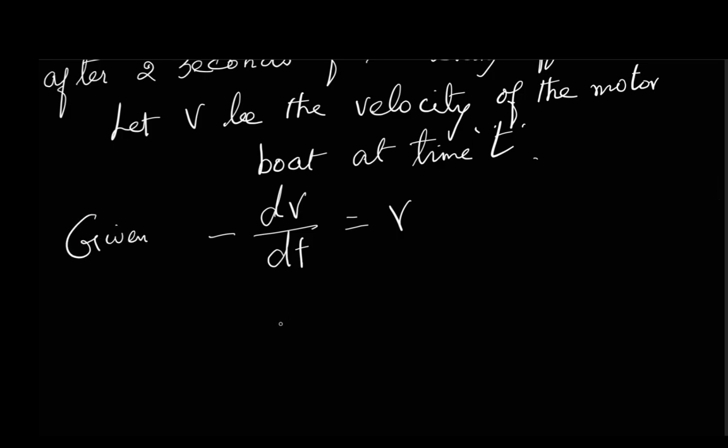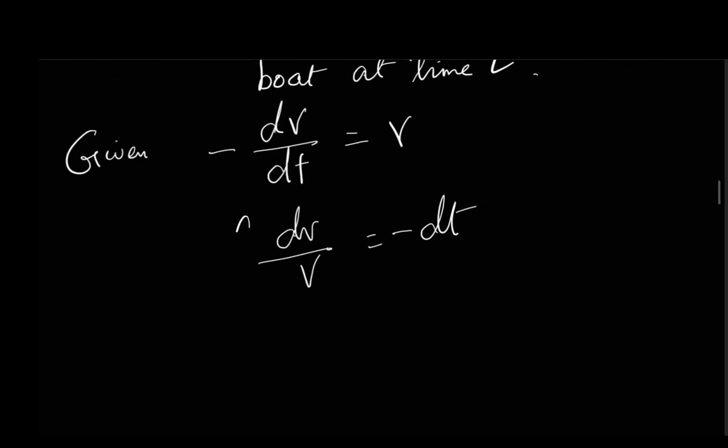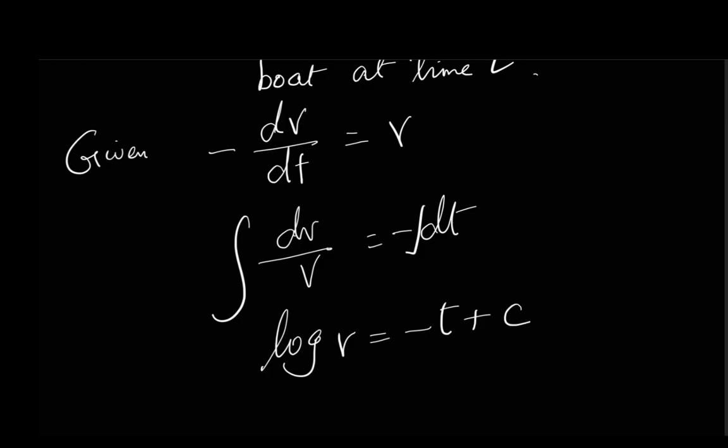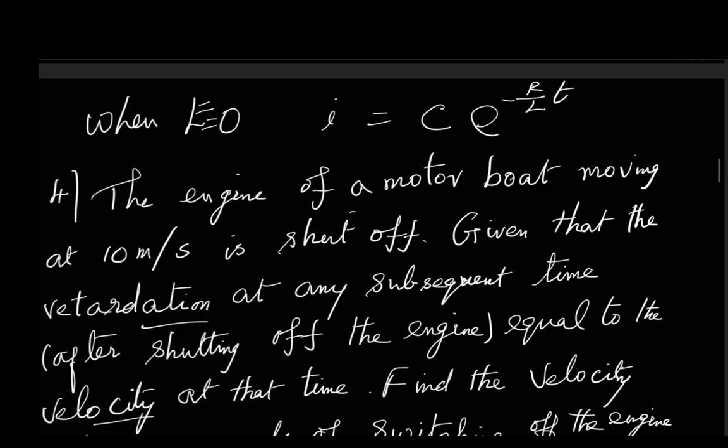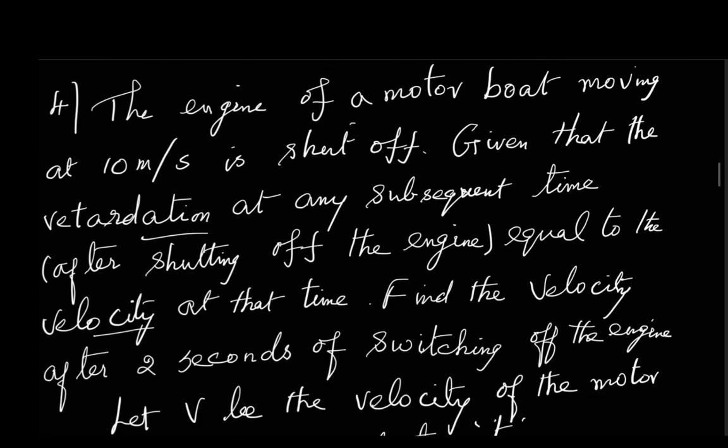So I simplify. You group the terms here, collect v this side: dv by v is equal to, take this dt to the other side, give minus sign. Integrating on both sides, so log v is equal to minus t plus c. See here, it is given the engine of a motorboat at 10 meter per second is shut off.